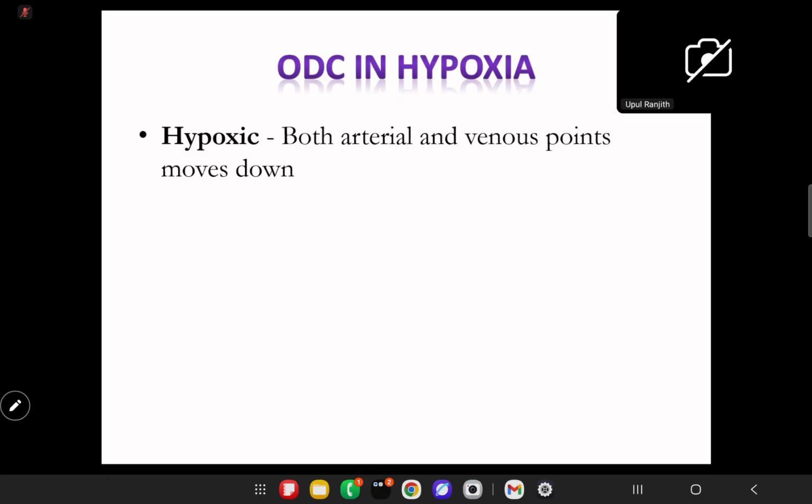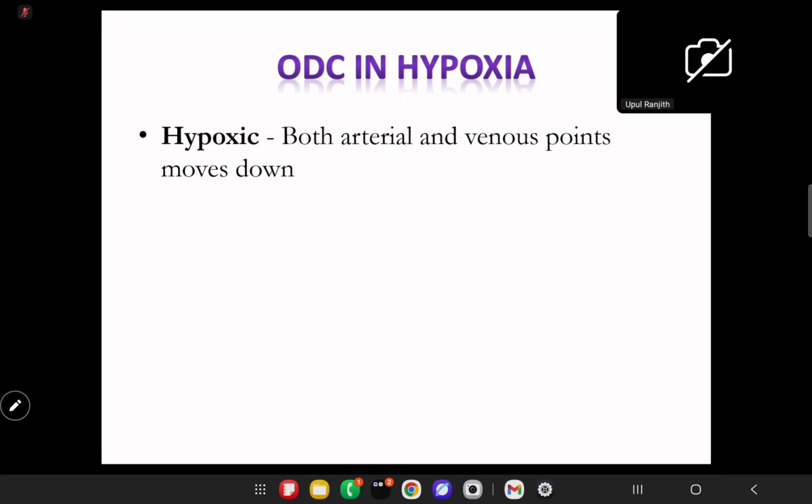In hypoxic hypoxia, the arterial partial pressure is low, therefore arterial saturation is low. So the arterial point is shifted to the left along the curve. Partial pressure is low in the arterial blood because of some problem somewhere, it could be the lung or the respiratory drive.